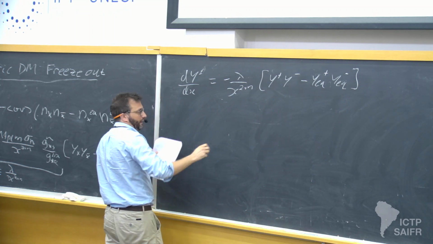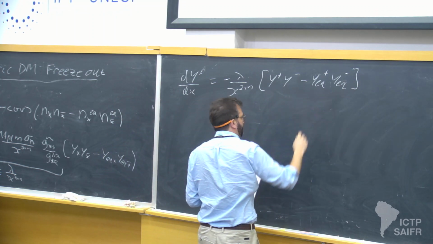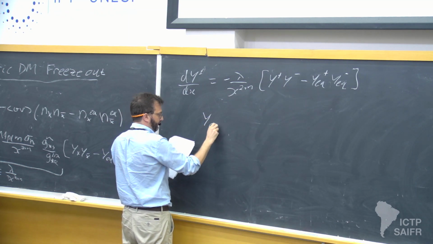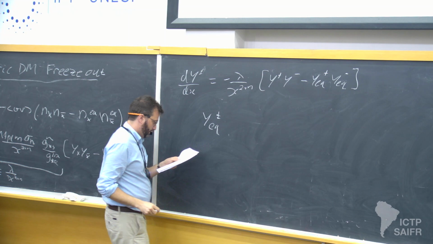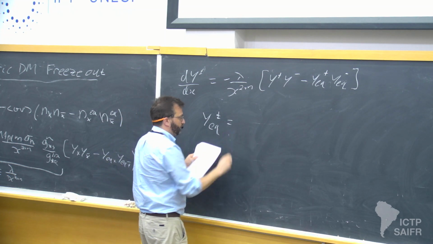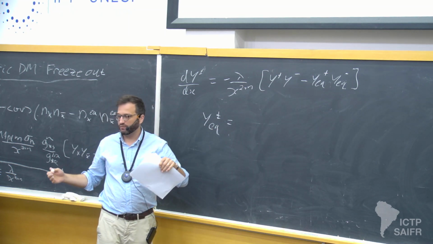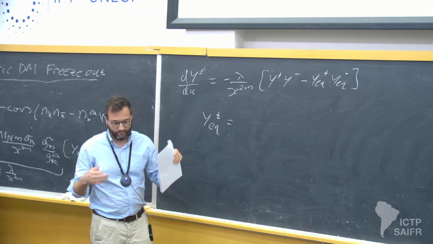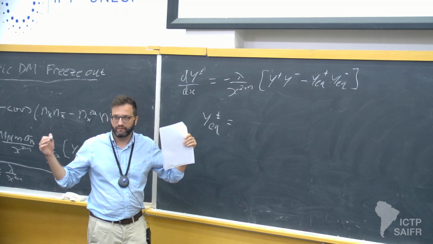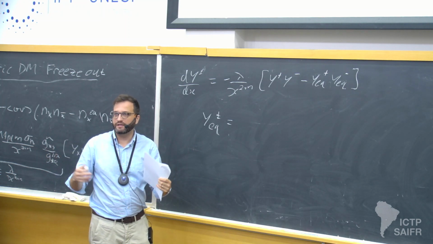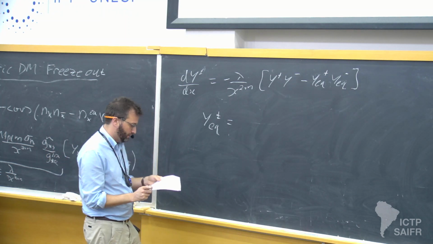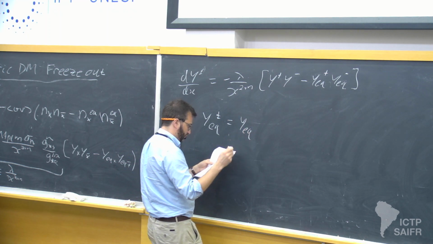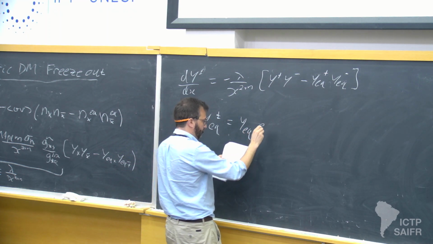Now we're going to write these equilibrium number densities. So these are the number densities of the dark matter particle and antiparticle as long as the annihilation rate is very large, much faster than Hubble.